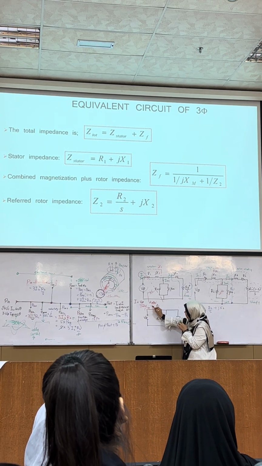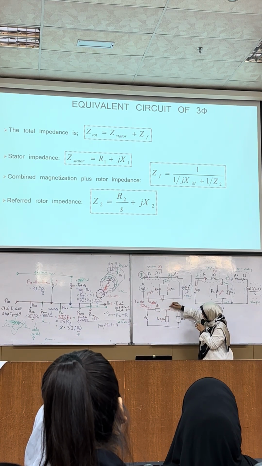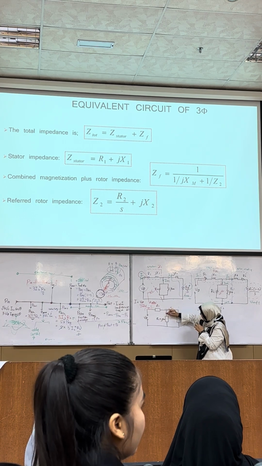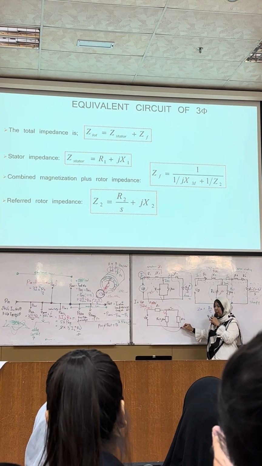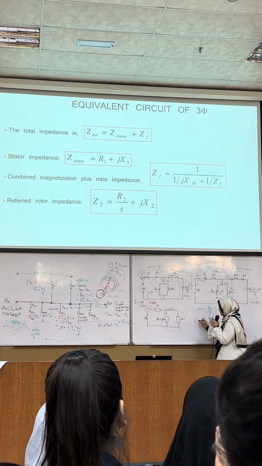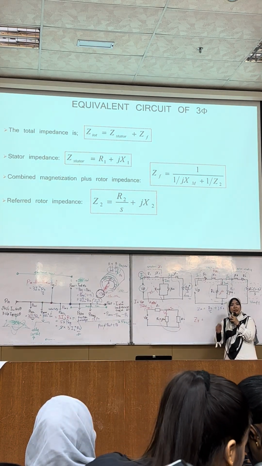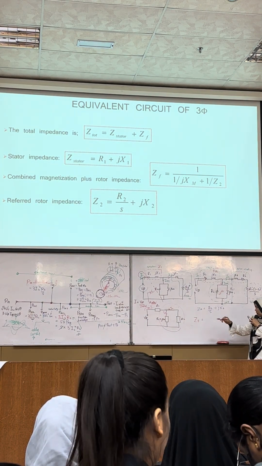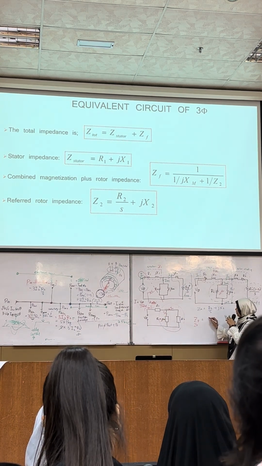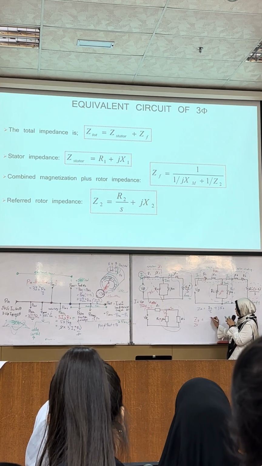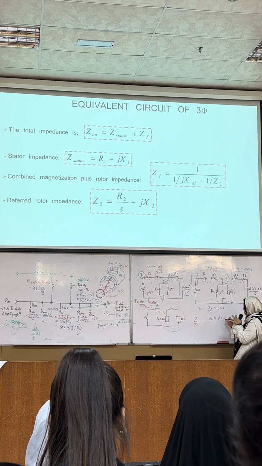You would like to find the current here, and the current is being divided into I2 and IM. So this one is in parallel, right? So there's another term, Z forward, or ZF. Inside the video that you watch, they call it Z naught. So Z naught is Z2 in parallel with RC plus jXM.